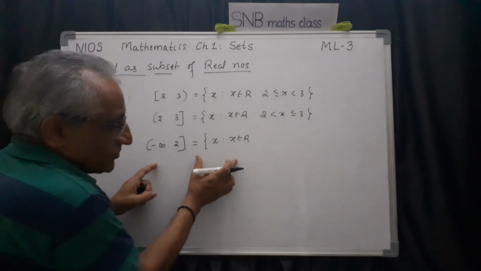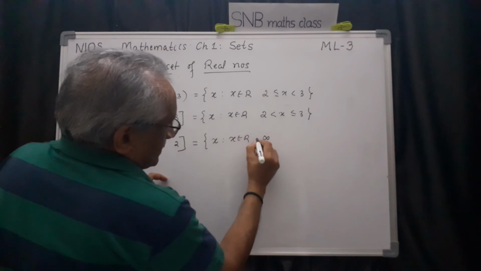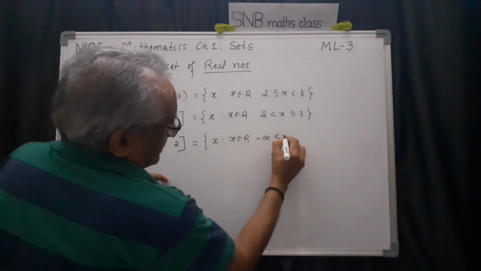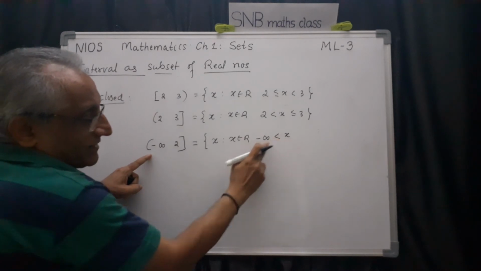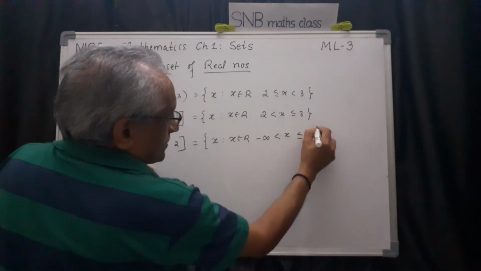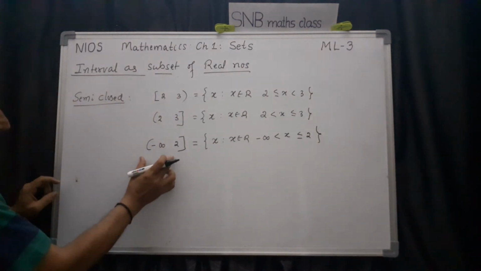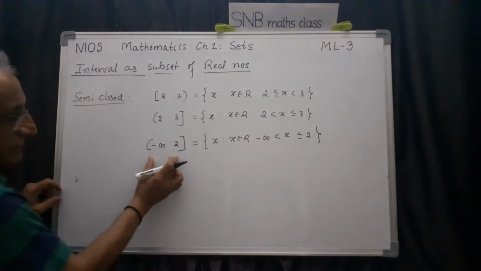Let me first show you how to write the set form. You should write minus infinity less than x, and it is always a strict inequality because a number cannot be infinity. Then less than or equal to 2. This is the representation using set form, and this is the interval form.